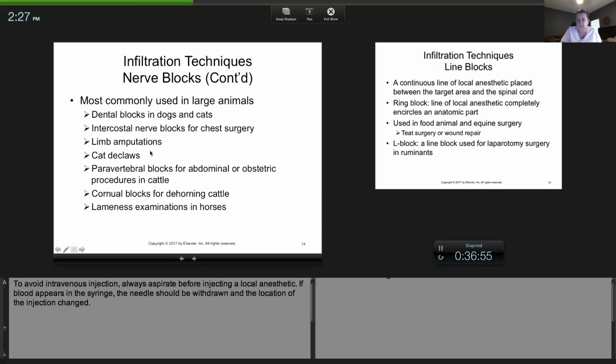Amputations, absolutely. When we do a limb amputation, we will block the nerve, talking about the brachial nerve that comes to the forelimb. The doctor will actually put bupivacaine into that nerve and then wait 10 minutes, and then he cuts it, because there's something called phantom pain.